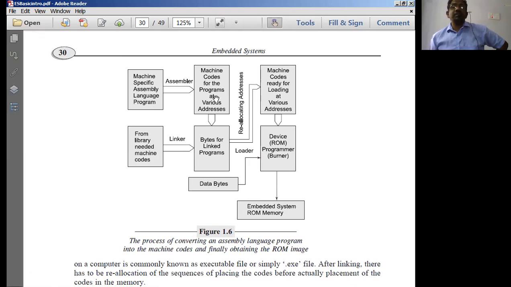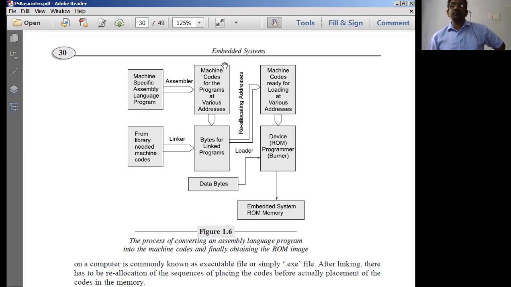That is given to the assembler, which converts it into machine codes for the programs at various addresses. Then we use some library functions using the linker. This normally produces bytes for the linked programs.